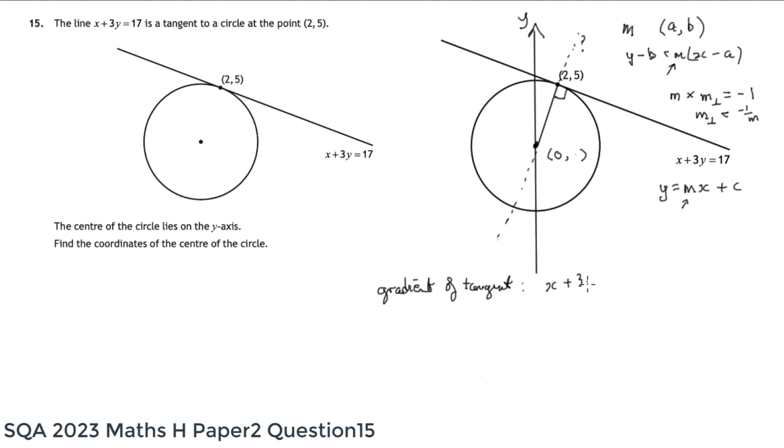So let's rearrange this equation into this form. So we'll get y on the left. Let's get rid of x. So we have 3y. Take x from both sides. We get -x plus 17. And then divide both sides by 3 to get rid of that 3 there. So both terms get divided by 3.